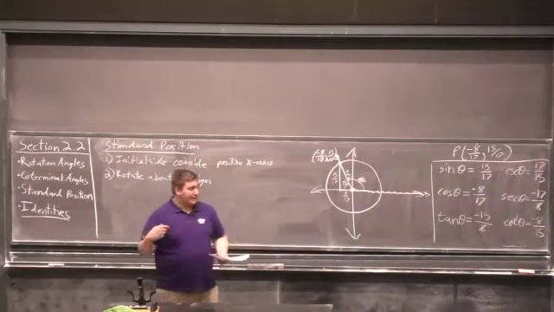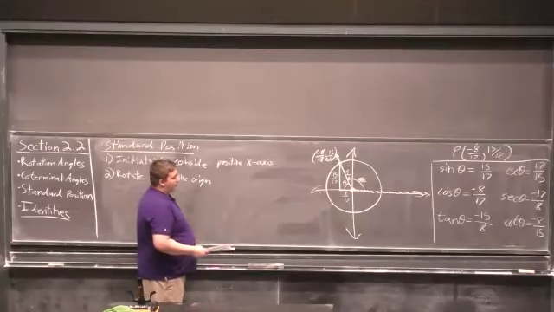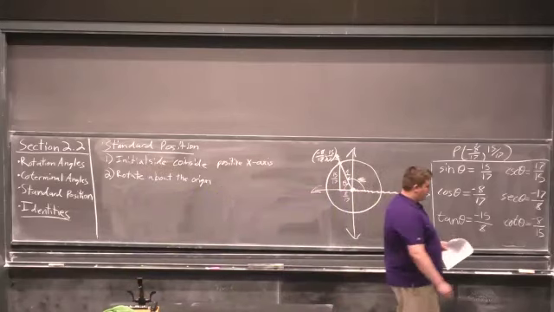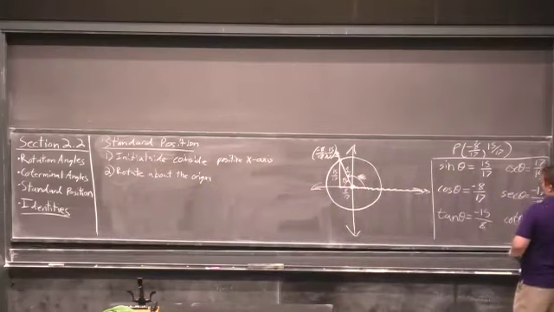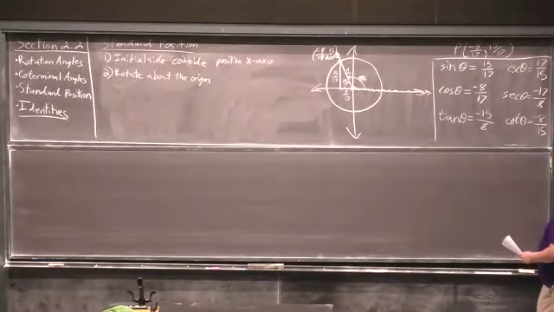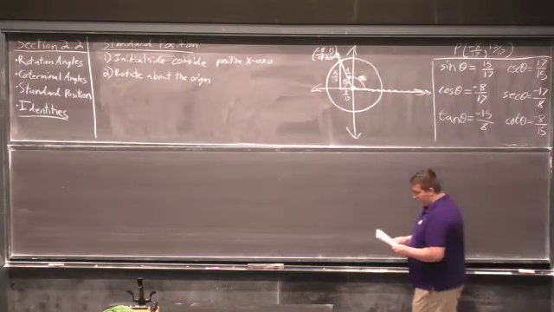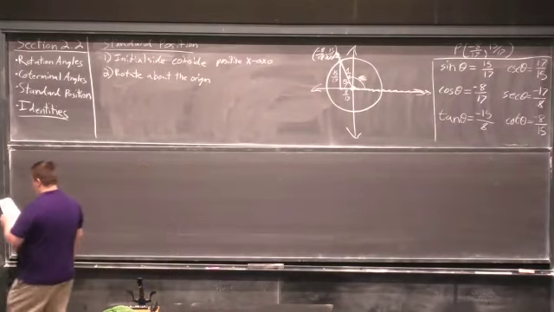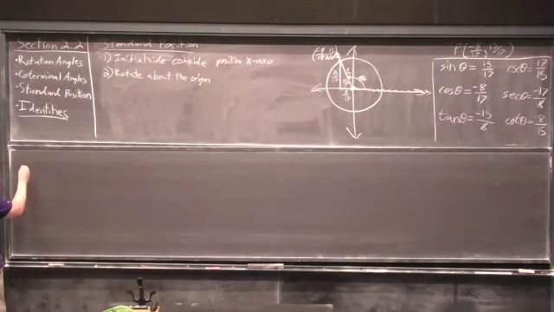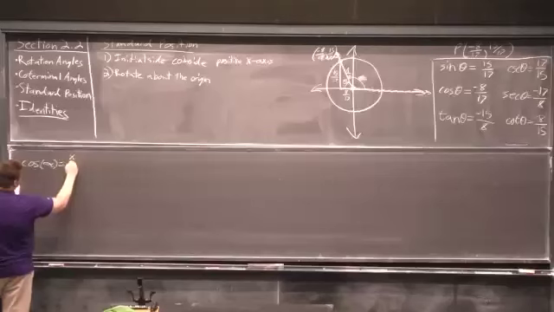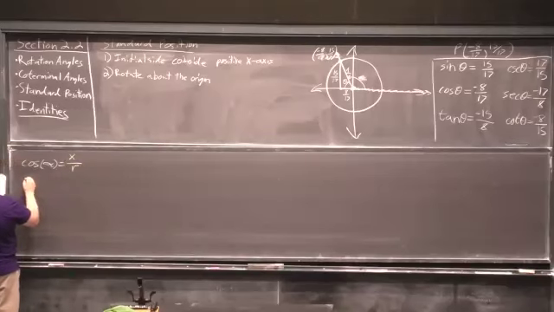But now I want to ask, what if we don't have something on the unit circle? What if we have something that's off the unit circle? Well, what ends up happening is we can now generalize our formulas. So we can say that cosine of this alpha is equal to the x value over r.